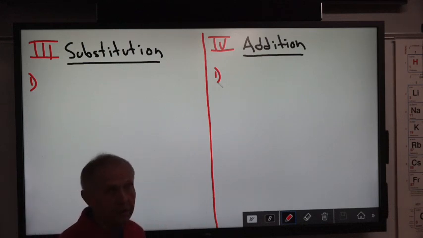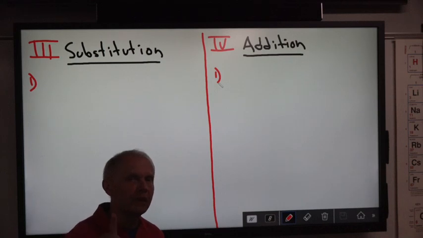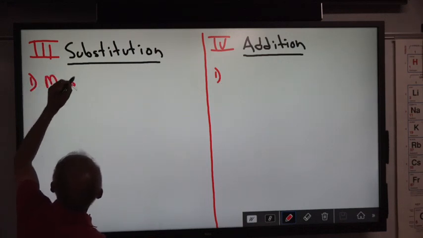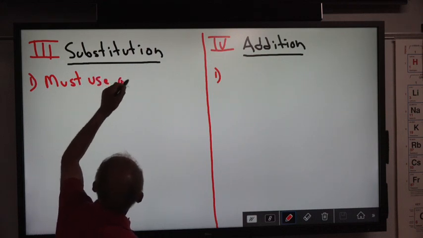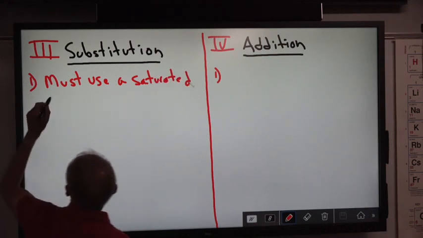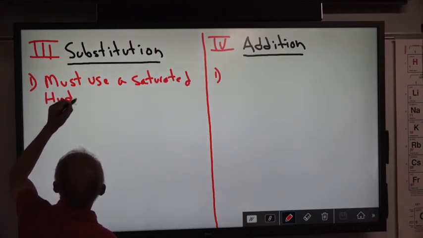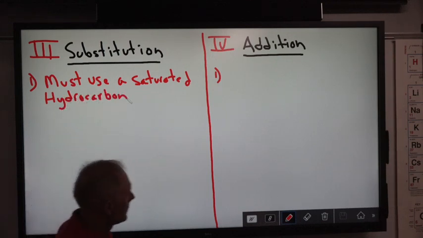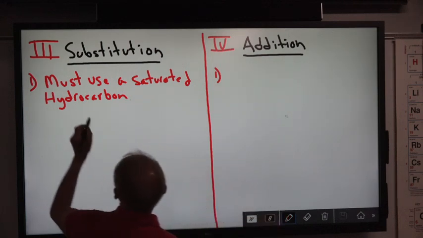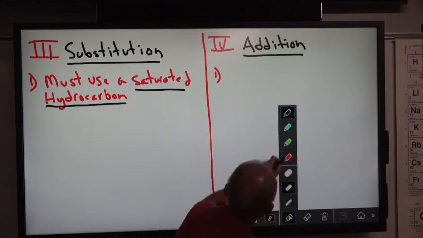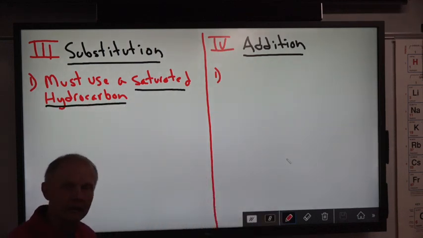For substitution, we have to use a specific type of hydrocarbon, and it's called a saturated hydrocarbon. So we have to use a saturated hydrocarbon.